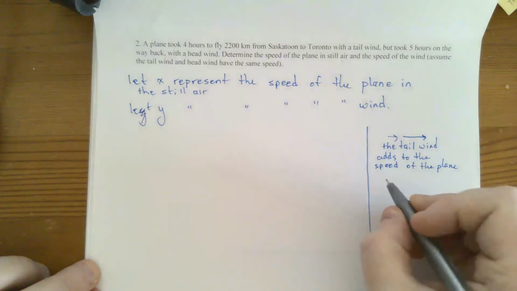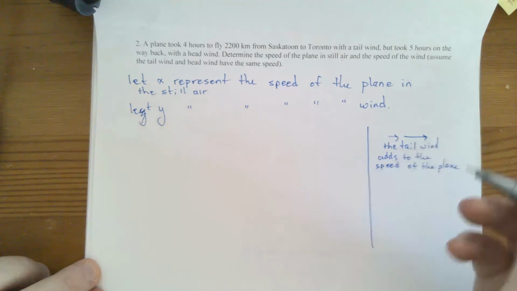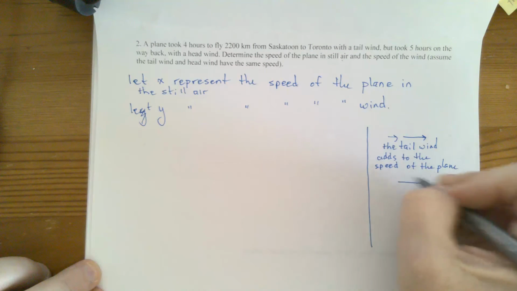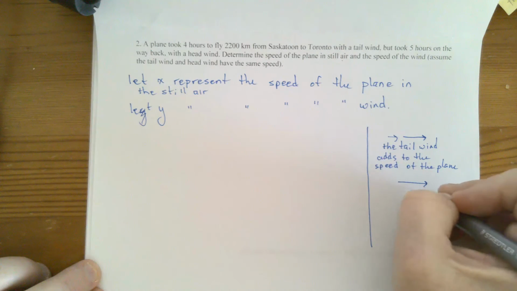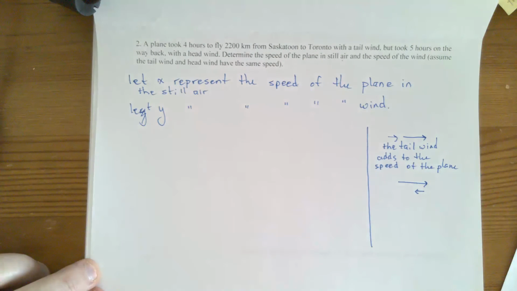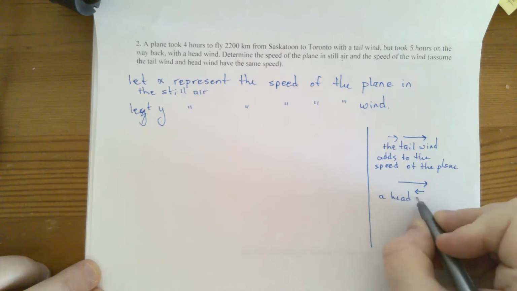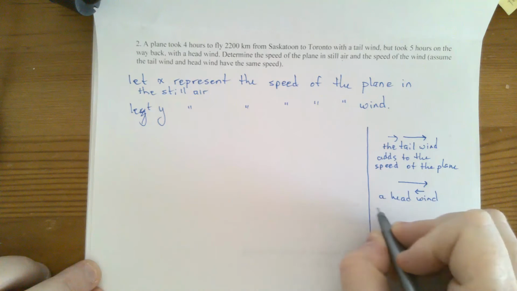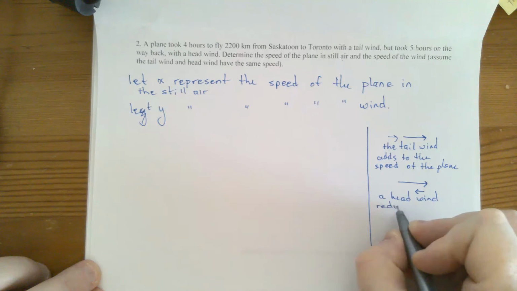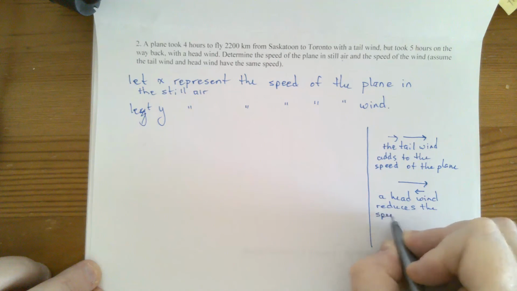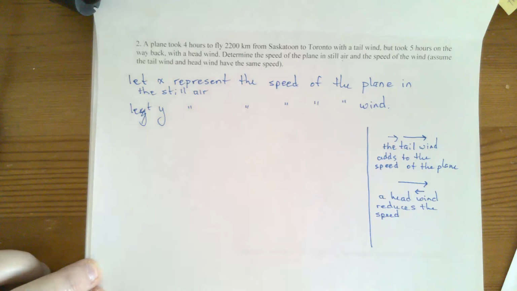And a headwind is coming at you, so we have the speed of the plane, but the headwind is going to slow down or reduce the speed of the plane. So a headwind reduces the speed of the plane.